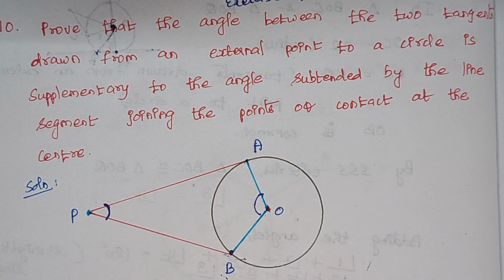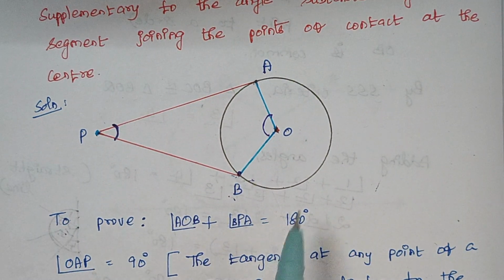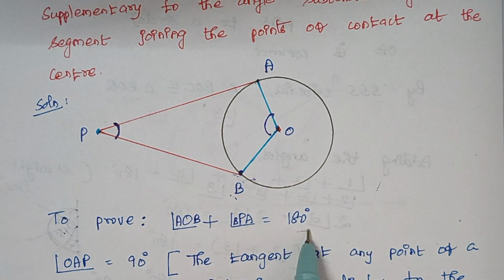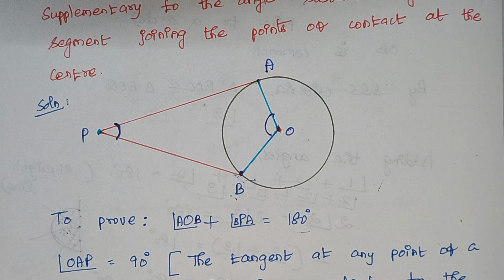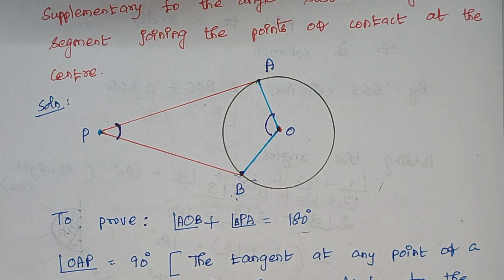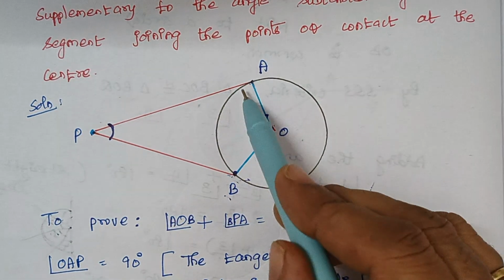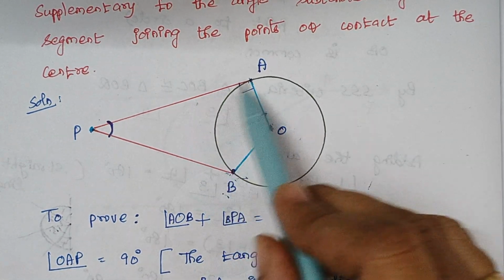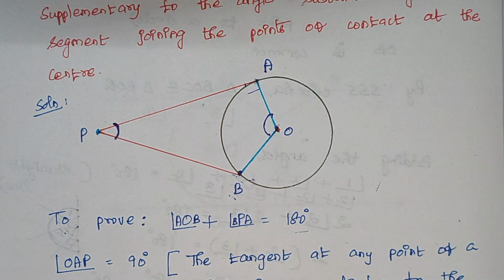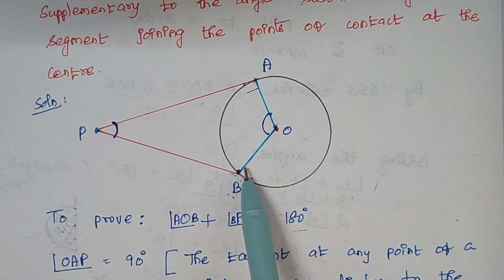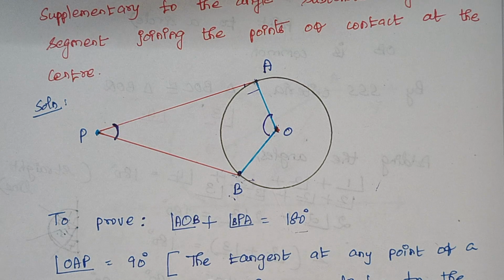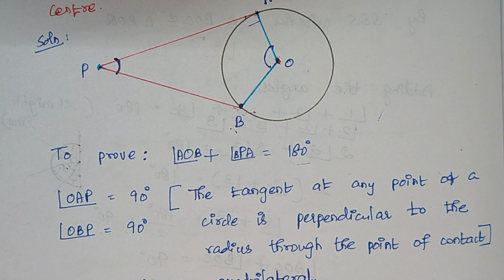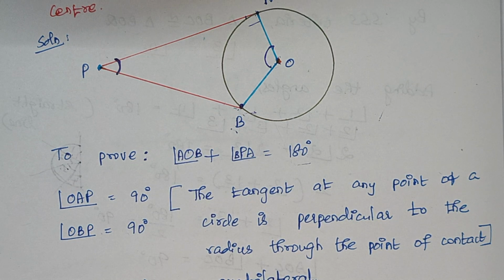Here we have to prove that angle AOB plus angle BPA is equal to 180 degree. Angle OAP is equal to 90 degree. Why? The angle between the radius and the tangent is 90. Similarly, OBP is again 90 degree, by the same theorem.